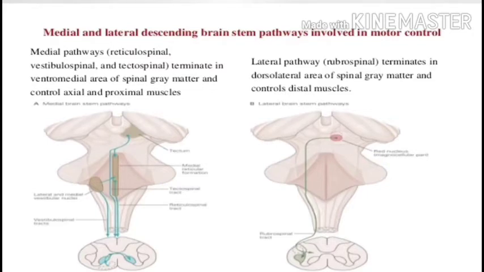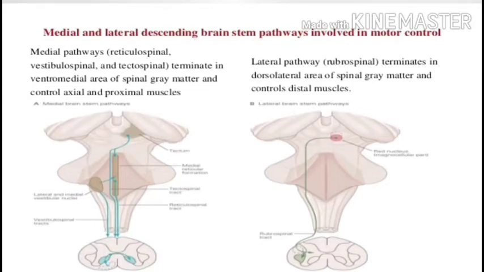For spinal level of control, it is the stretch reflex. Then there is the supraspinal control. We will discuss two areas: one is the bulboreticular facilitatory area, another is the bulboreticular inhibitory area.